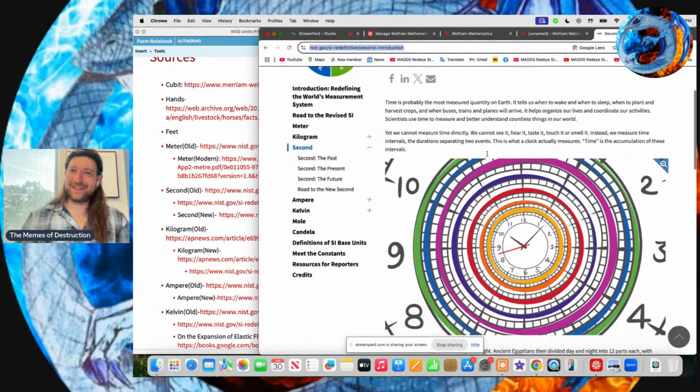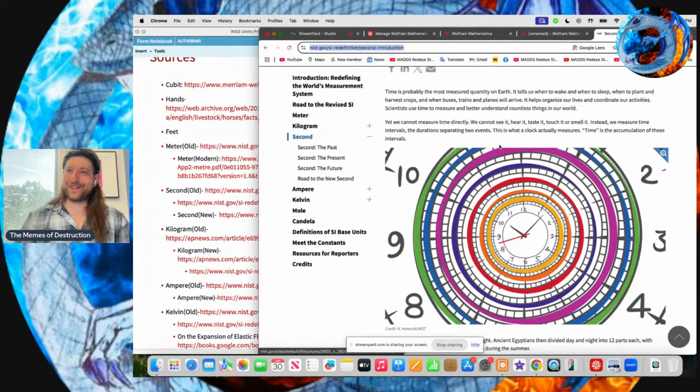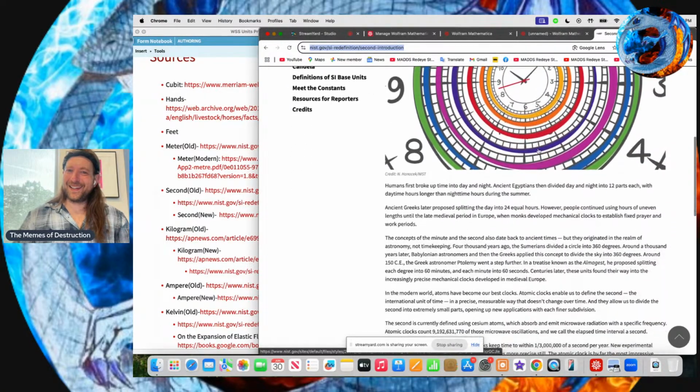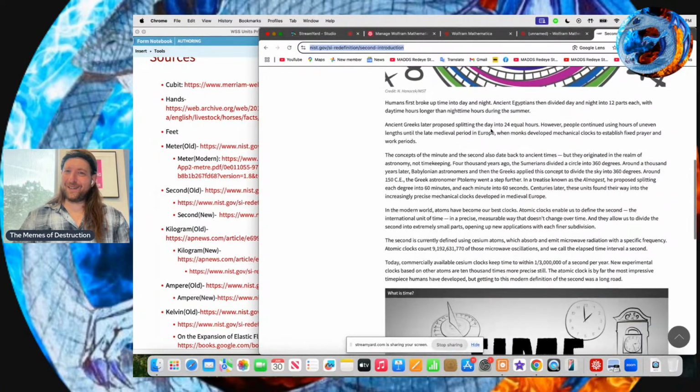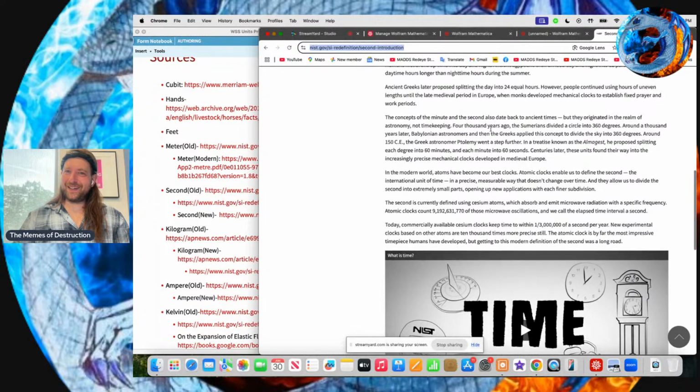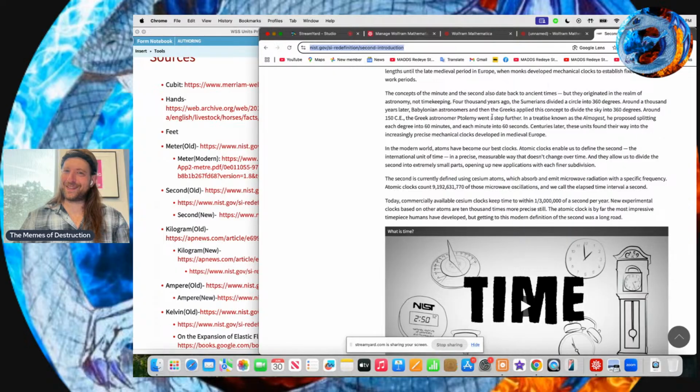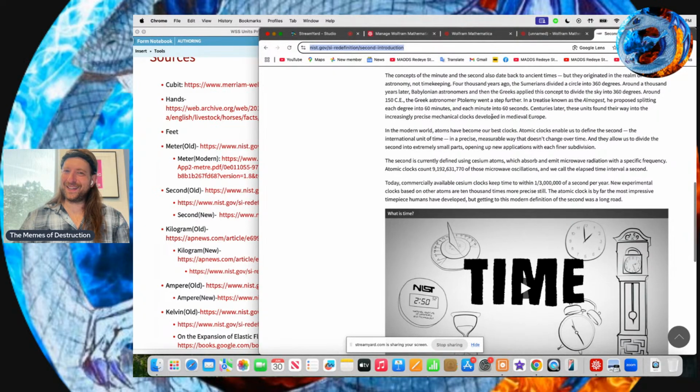Second. Time is the most measured quantity on Earth. Day and night were divided into 12 parts, 24 equal hours. The concept of the minute and the second dates back to Hellenistic times, with origins in the realm of astronomy and not timekeeping.